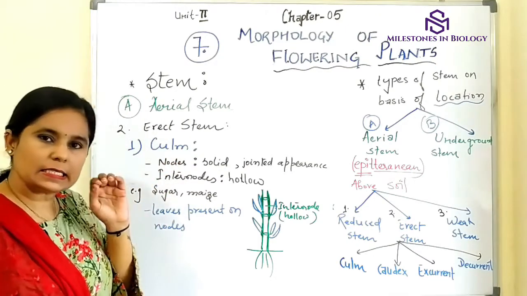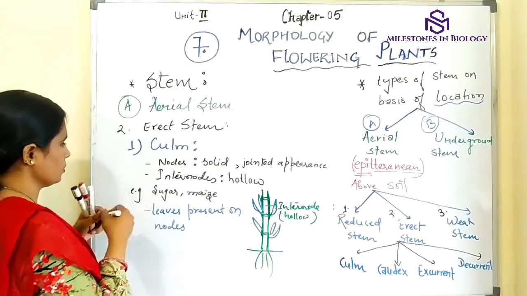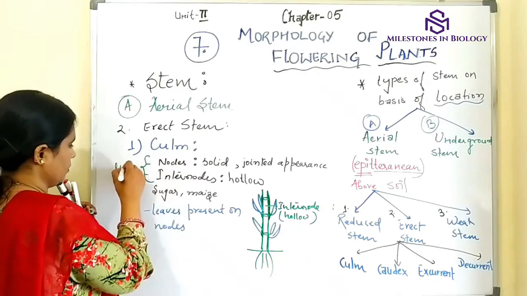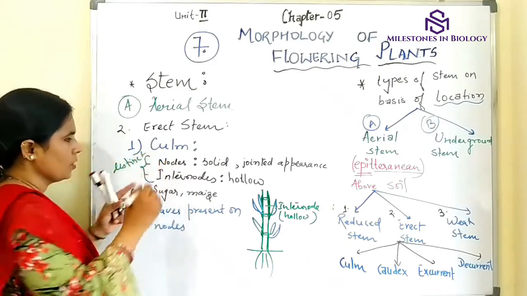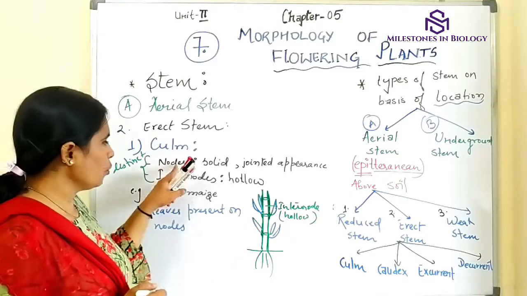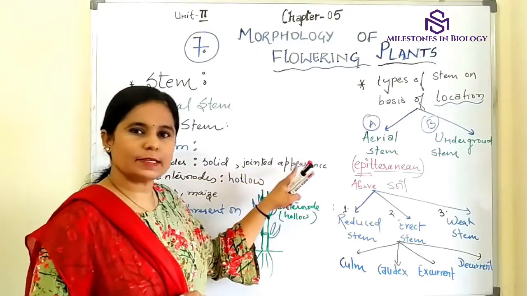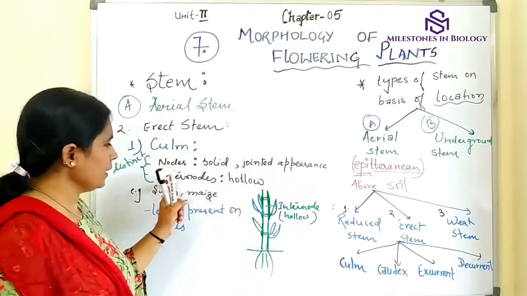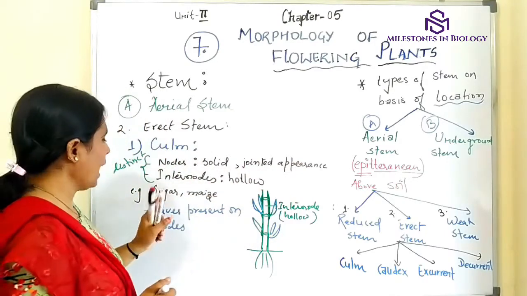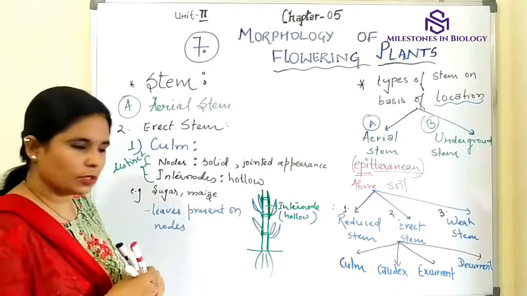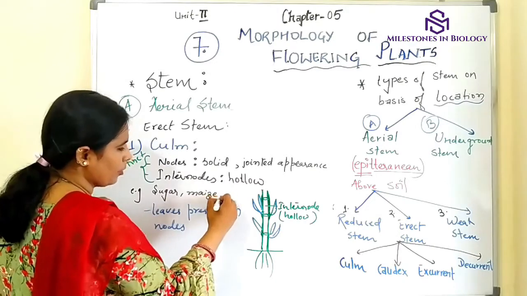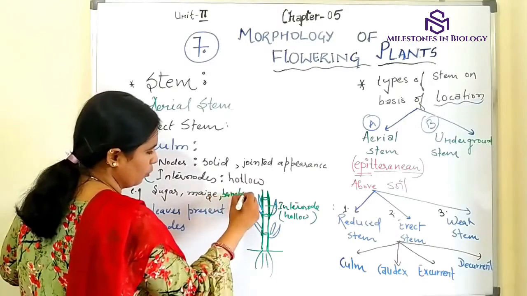You will find distinct nodes and internodes. Nodes are solid, with a jointed appearance. Internodes will be hollow, and leaves will be present on the nodes. One more example of this will be bamboo.